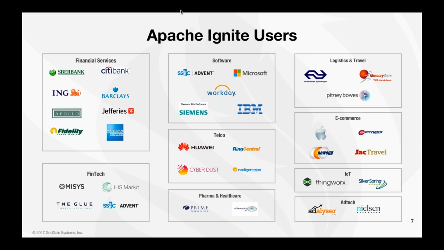This is just a small sample of some of the users of this technology, and as we can see, we've got a very good sample from various verticals and industries. Notice that in the middle, at the bottom, we've got pharma and healthcare. So ETherapeutics is one of these, and we'll drill down into them as a specific case study very shortly.